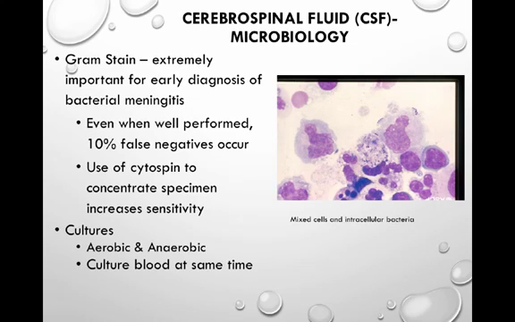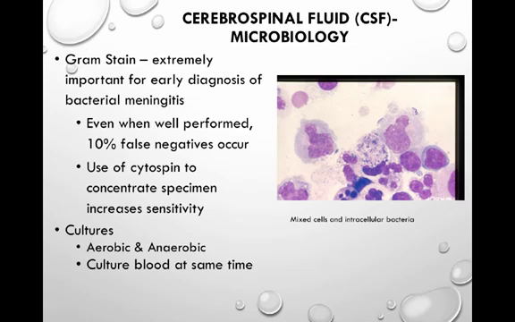So direct CSF gram stain is extremely important for early detection of organisms that are common causes of meningitis in newborns, children, adults, and immunocompromised patient populations.